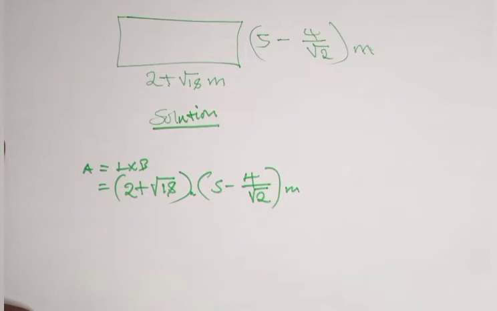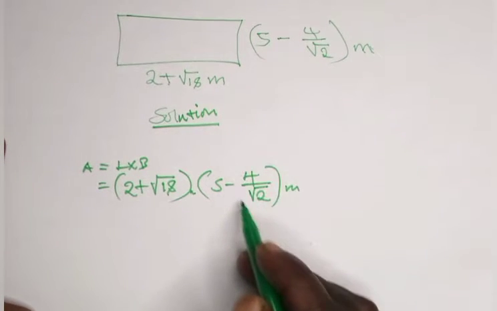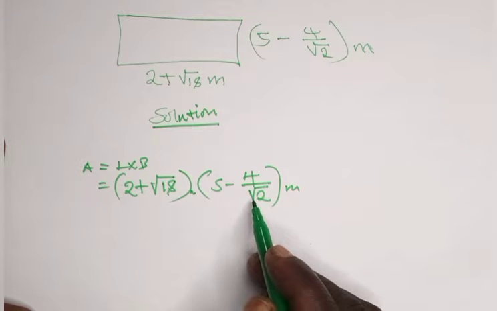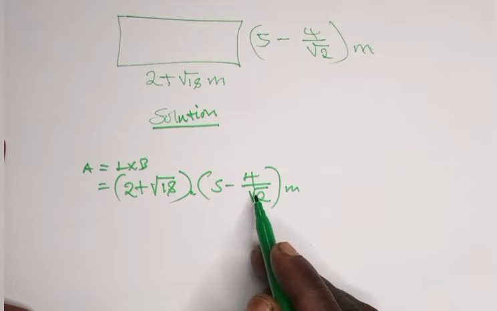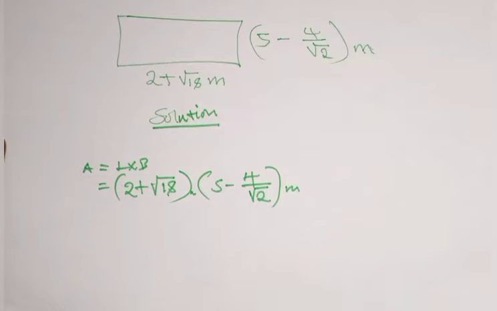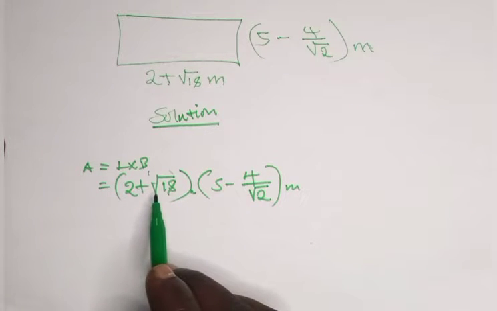Now let's expand this expression, and there we have to cancel the square root by following the rules for a surd in a denominator.